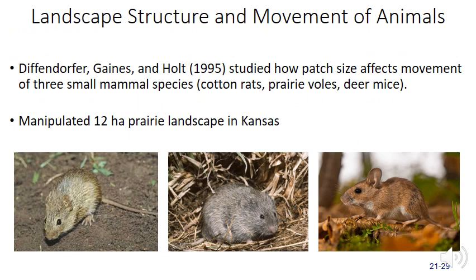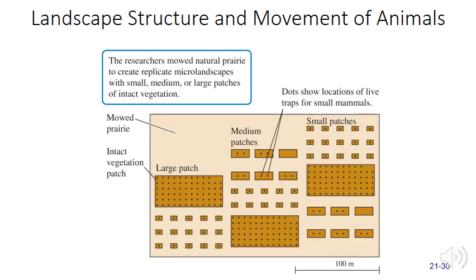There have been a number of really good studies looking into the effects of habitat patch size on the movement of organisms. Diffendorfer, Gaines and Holt in 1995 looked at how habitat patch size affected the movement of 3 small rodent species: cotton rats, prairie voles and deer mice. They manipulated areas of prairie habitat into different patch sizes.